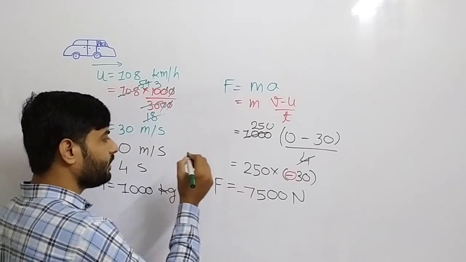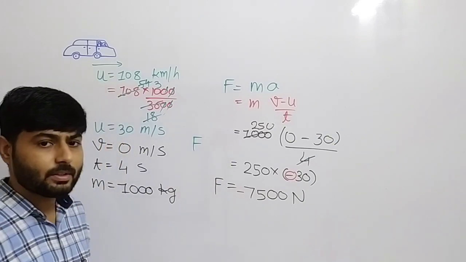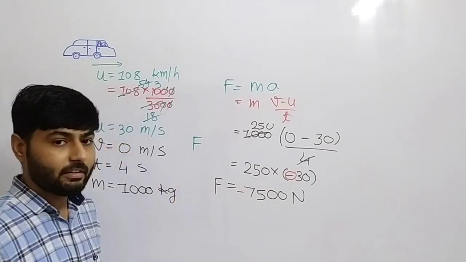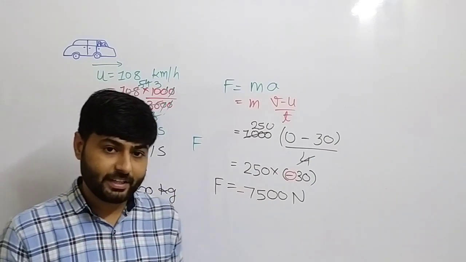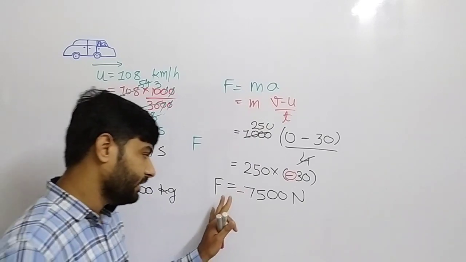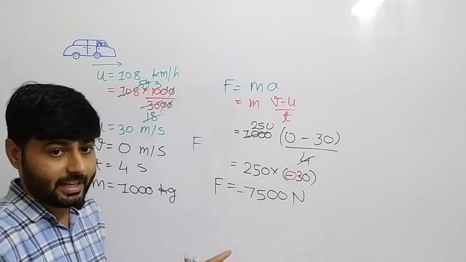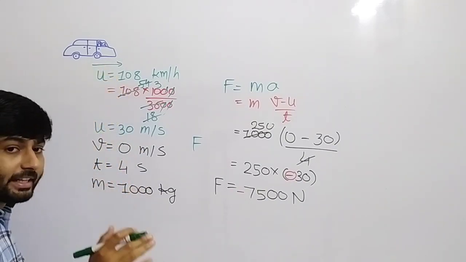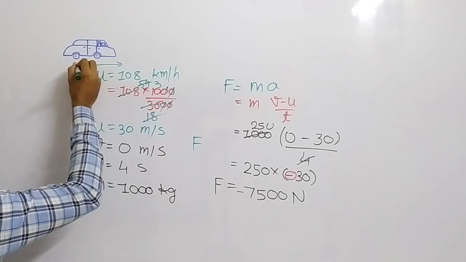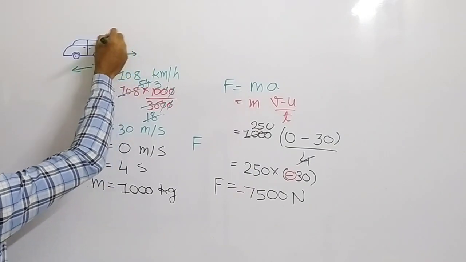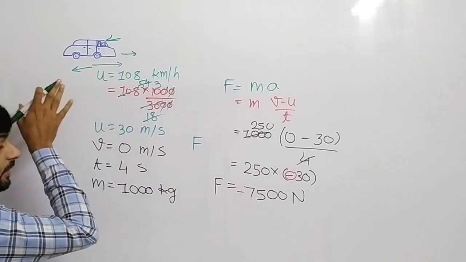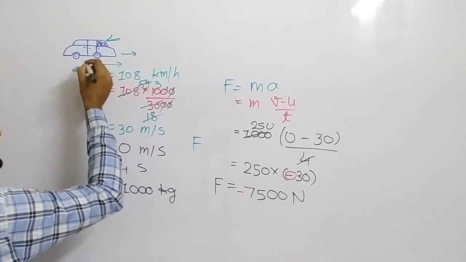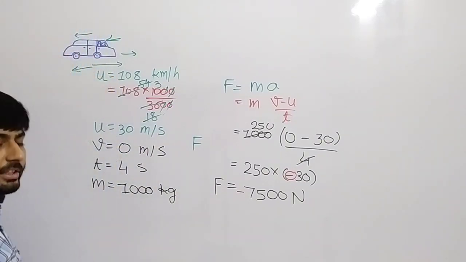We know that force is a vector quantity, and for a vector quantity we need both magnitude and direction. This negative sign suggests that the force applied by brakes is in the opposite direction to the movement of the car, which means the car is moving in this direction and the force applied by brakes is in the opposite direction.